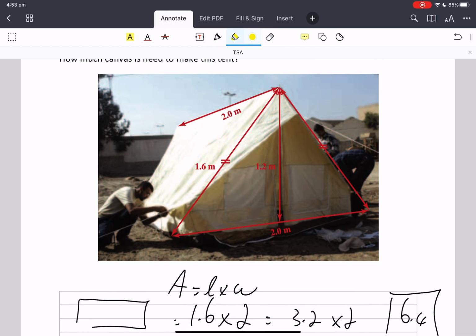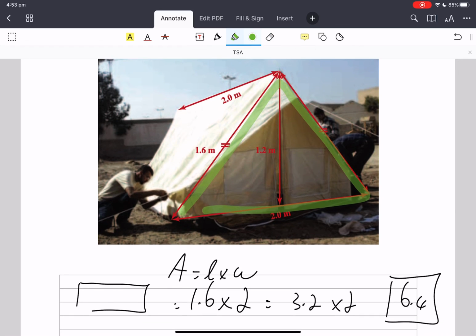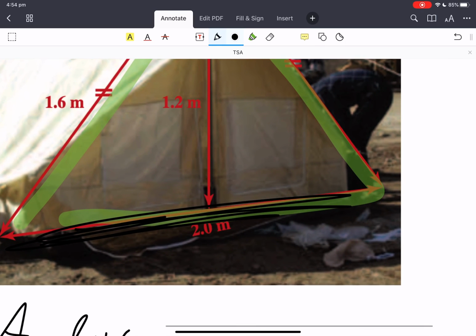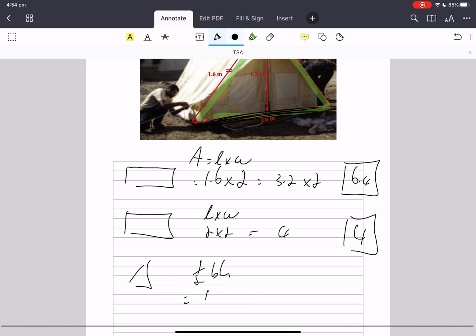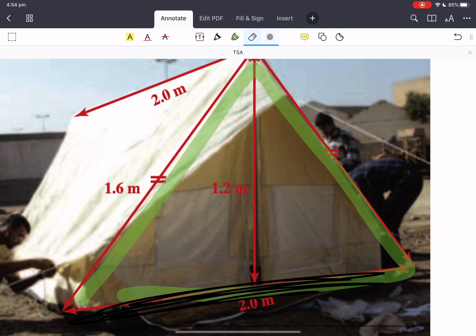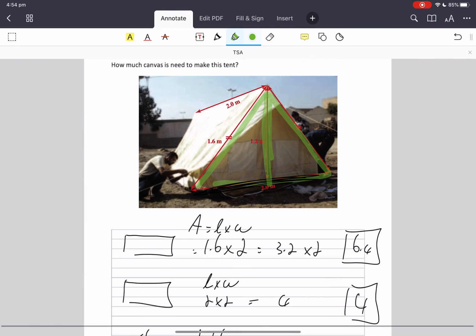We've got to do the fact that there is a triangle at the front. So that triangle will be a half base times height. Base is going to be the 2. And the height, here's my height, 1.2.